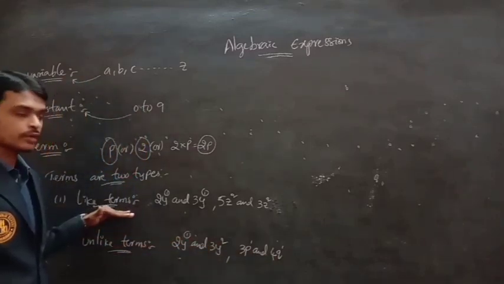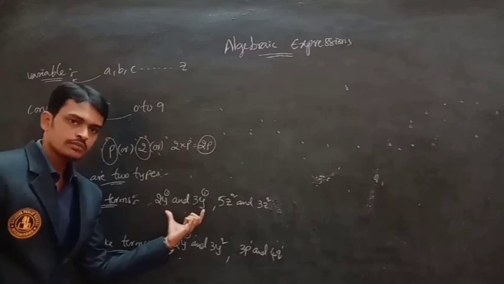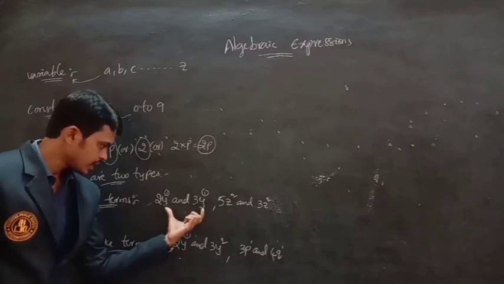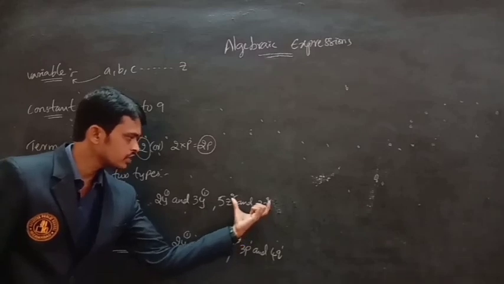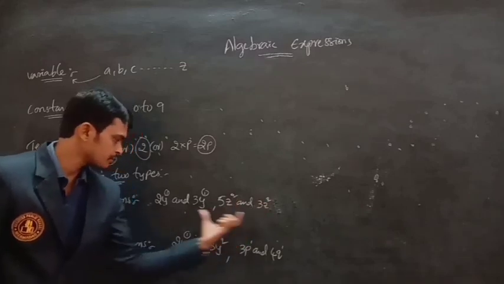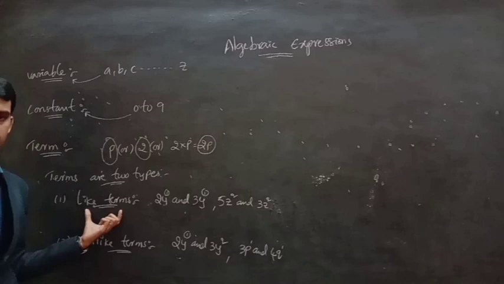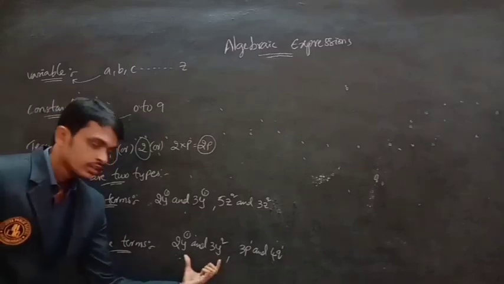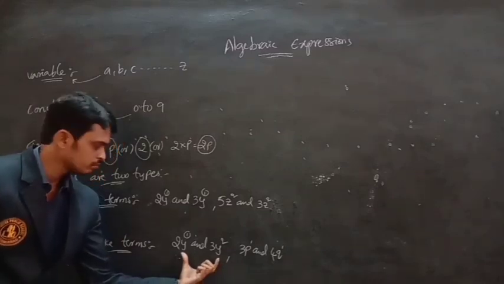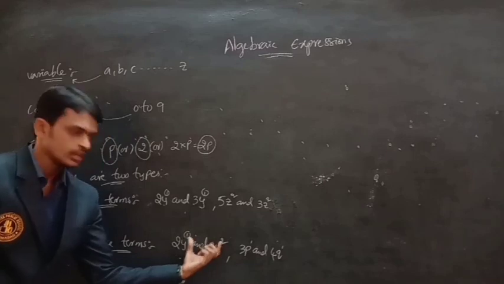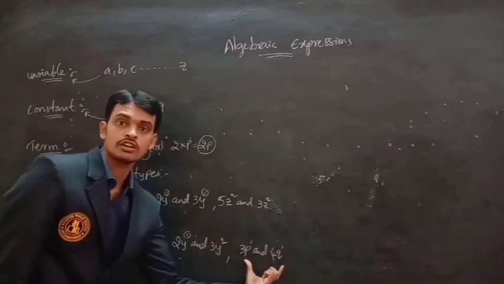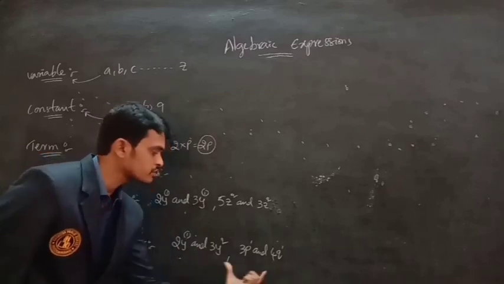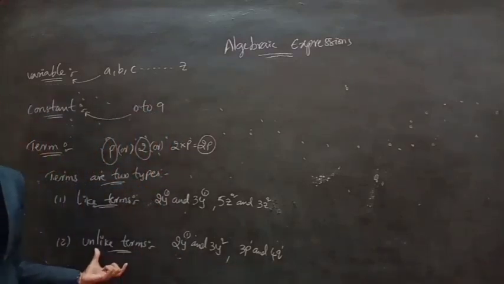So like terms are terms which have the same variable with the same exponent. And terms which have the same variable but a different exponent, or the same exponent but different variables, are called unlike terms.